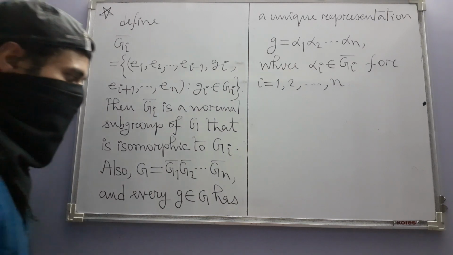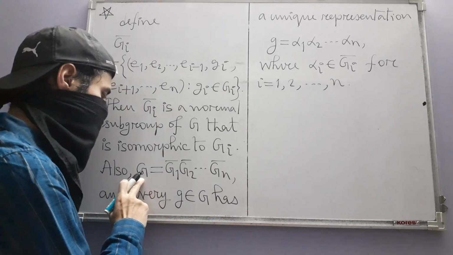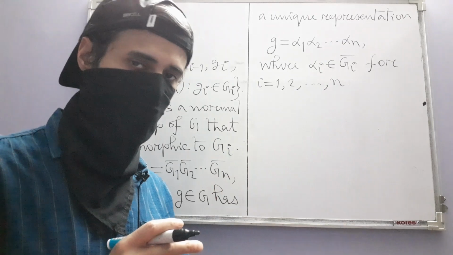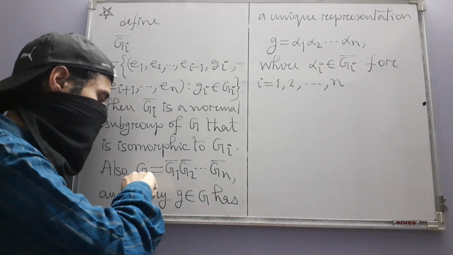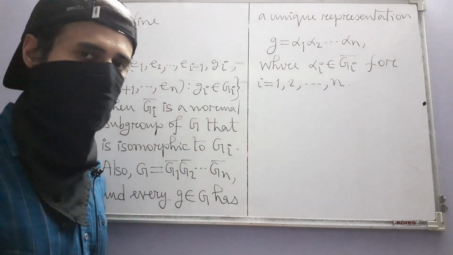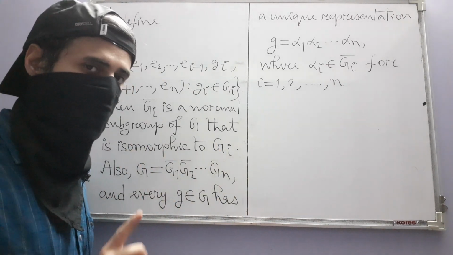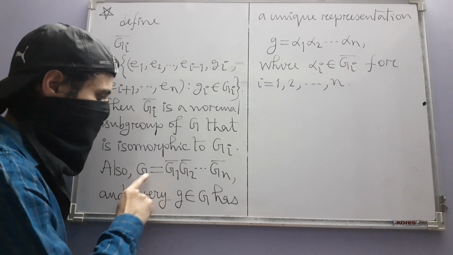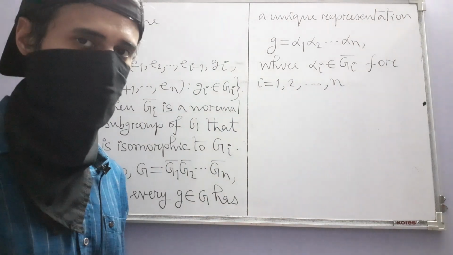Okay, so we have come to know that if capital G is the external direct product of some finite number of groups, then G also turns out to be an internal product like this of some normal subgroups of G, such that every element in G has a unique representation as a product of elements in those normal subgroups.